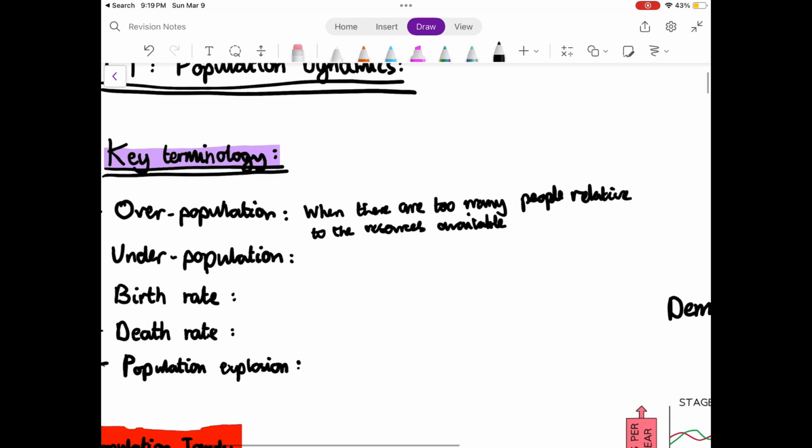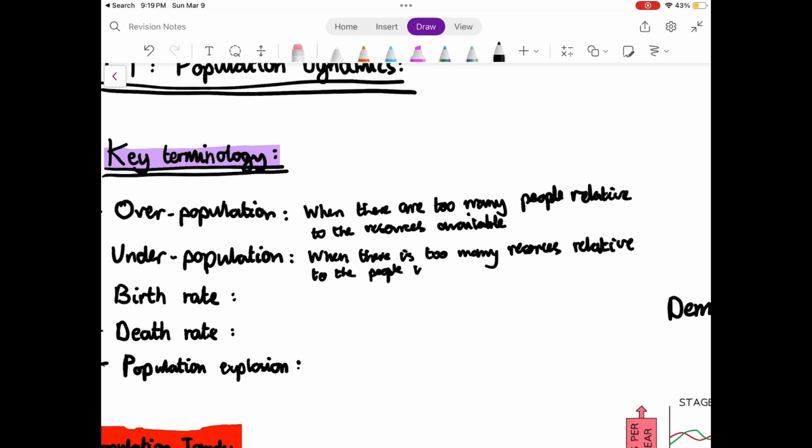And underpopulation is basically the opposite. So when there are too many resources relative to the people living in the area.